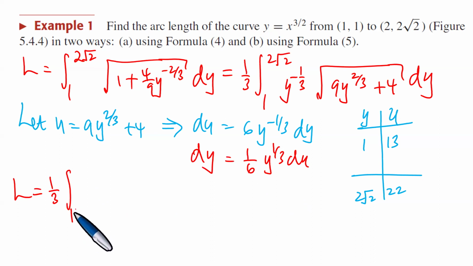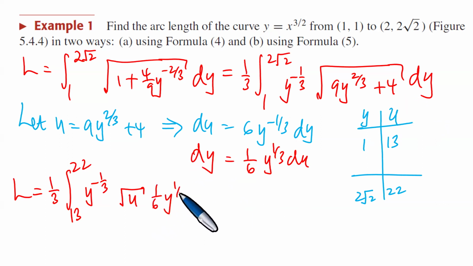And then now you integrate from 13 to 22. Y to the power this. So you raise it to 3, and you have the square root of u. And then what is dy? dy is 1 out of 6, 1/3 du.